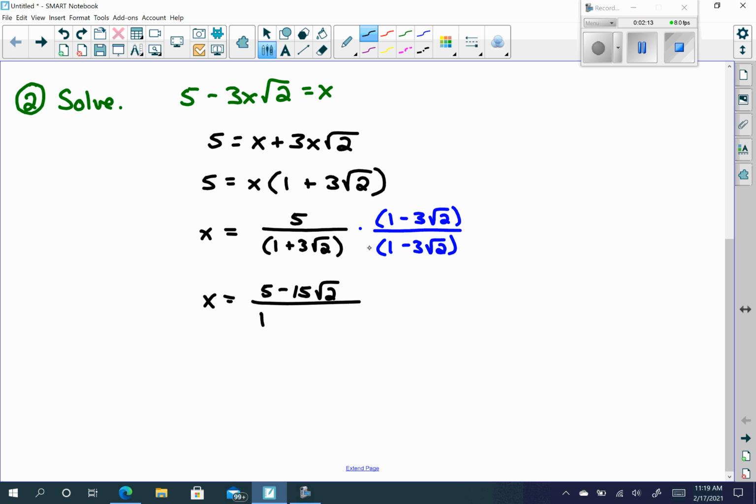Next, I'm going to have positive 3 times negative 3 is a minus 9. And then radical 2 times 2 is a 2. So we end up with 5 minus 15 radical 2 over 1 minus 18, so we get a negative 17, and I can reverse this. We could say it's fine to leave it like this, or we could say negative 5 plus 15 radical 2 over 17.